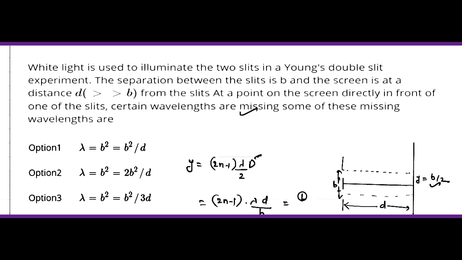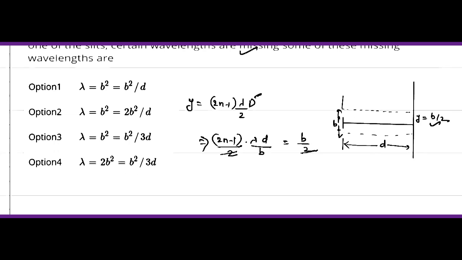So we put b by 2 here, and the 2 and 2 cancel out. So lambda becomes, by cross multiplication, b square divided by (2n minus 1) times the small d.